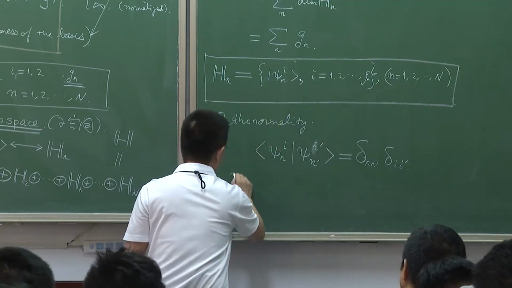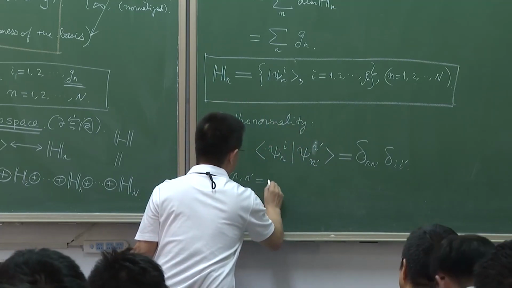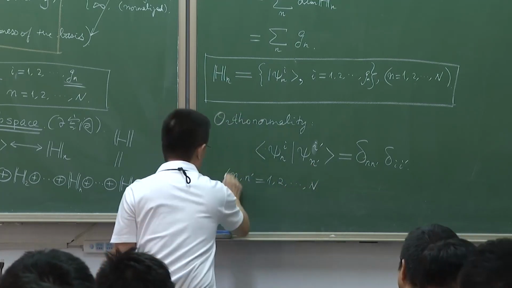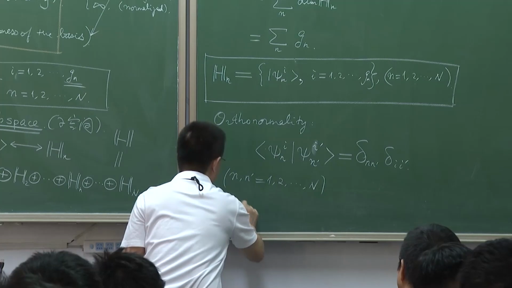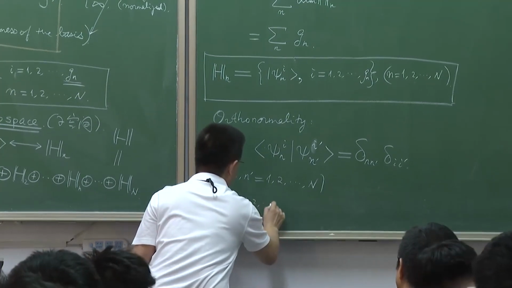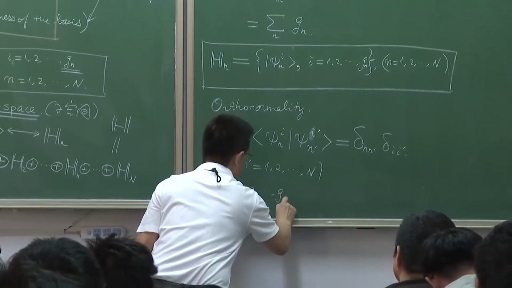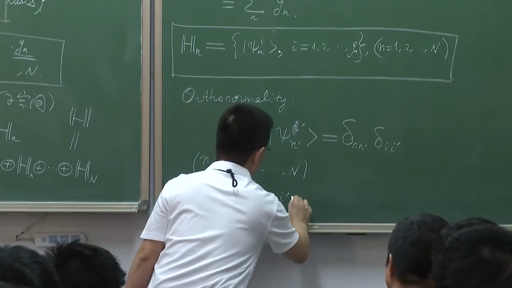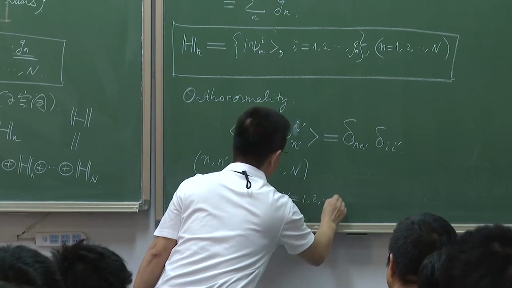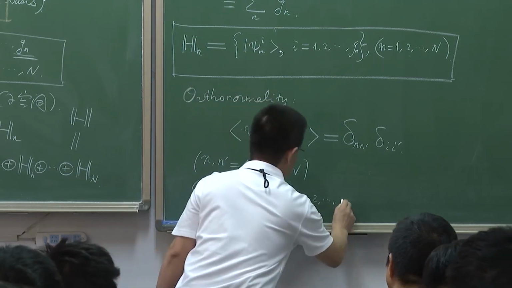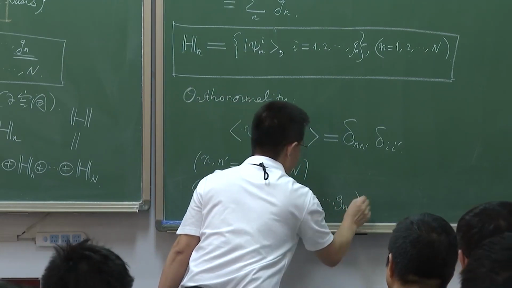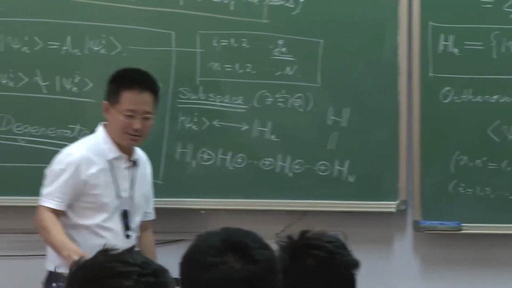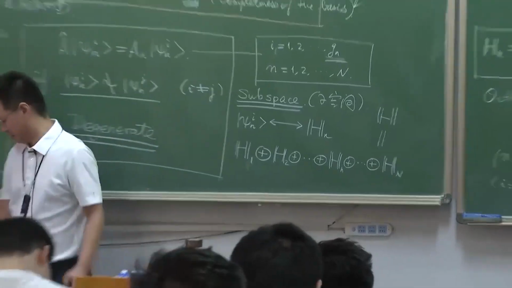And n prime is equal to 1, 2, up to capital N, and i is equal to 1, 2, up to Gn, and i prime is equal to 1, 2, dot, dot, dot, up to Gn prime. So I think that you can understand this. Okay, so we can take a break.